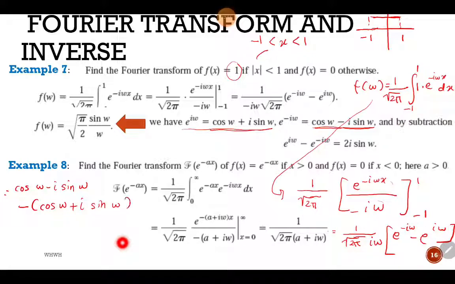So kita dapat apa? Cos omega tolak negatif i sin omega tolak i sin omega dapat negatif 2i sin omega. Okay, kejap. Sorry, saya tersilap ni. Okay, sorry ya. Apa tadi? Okay, e kuasa negatif i omega tolak e kuasa i omega.